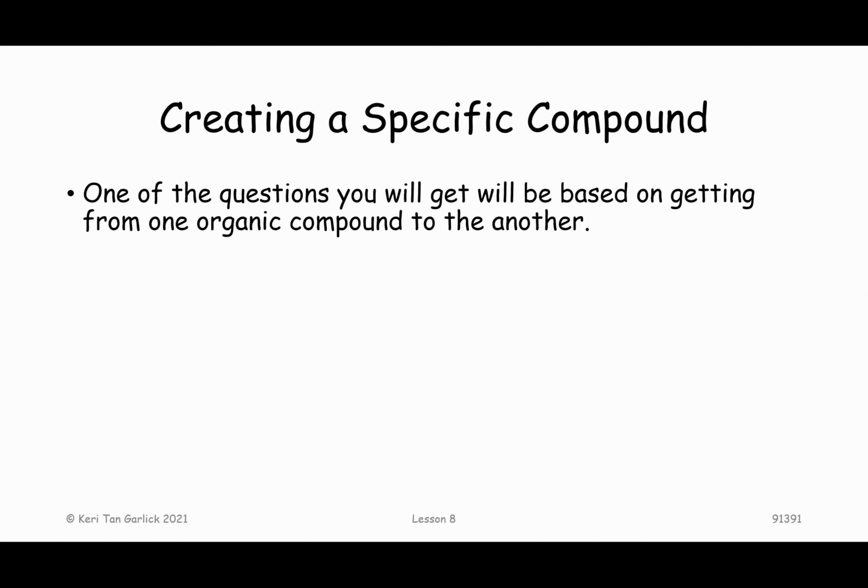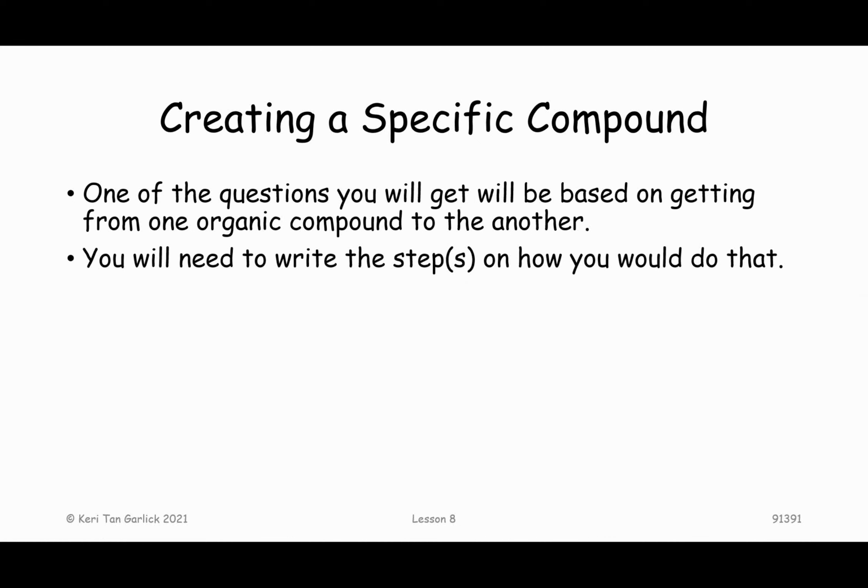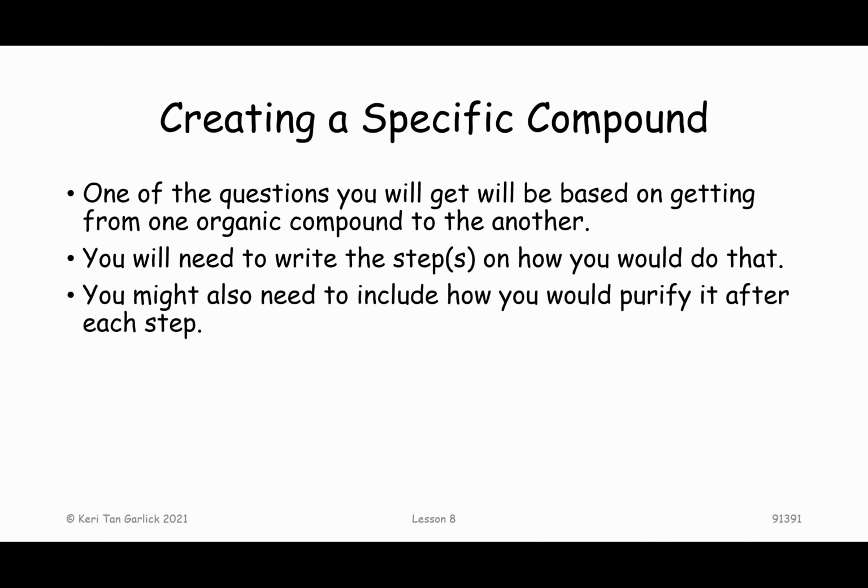All right, one of the questions you're going to get on this assessment is creating a specific compound. Basically they're going to ask you, if I have this organic molecule as my starting molecule, what do I need to do to get to this other molecule? And the question is, can you write your steps explaining how to do that?